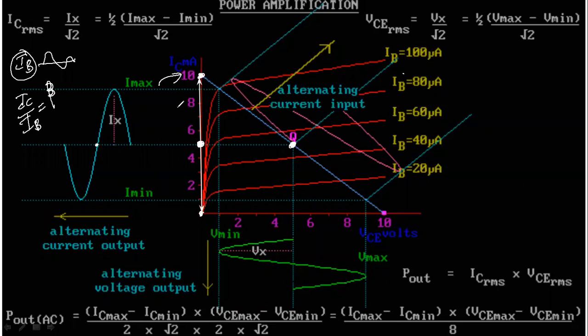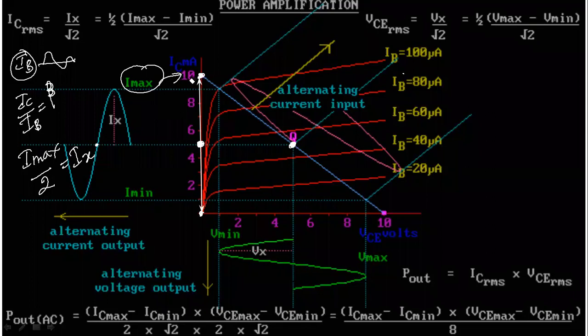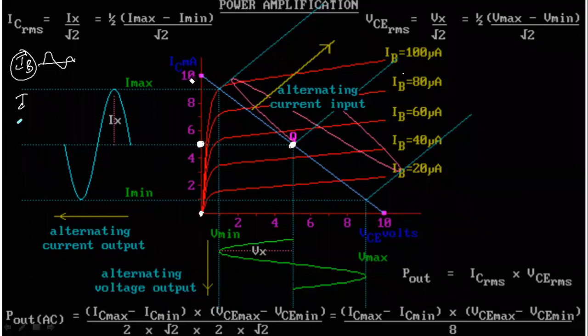If you divide this I max value by 2, you can assume this amount equals IX. So you are fluctuating this IX, the peak value, compared with half of this I max. If you operate your transistor like this, then based on this fluctuation, you can define the collector efficiency. So just look here.